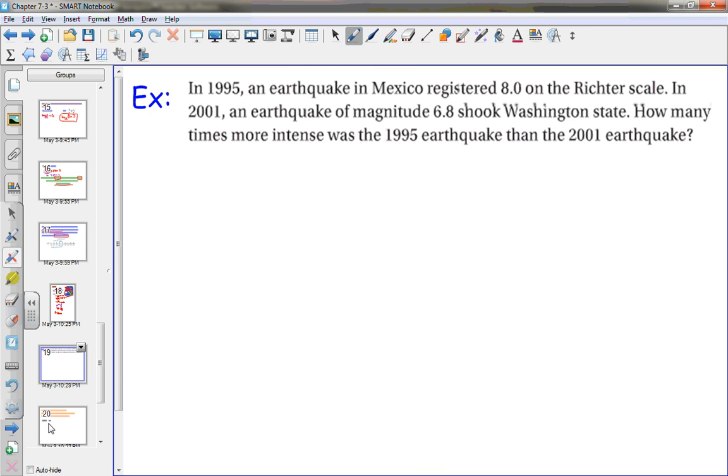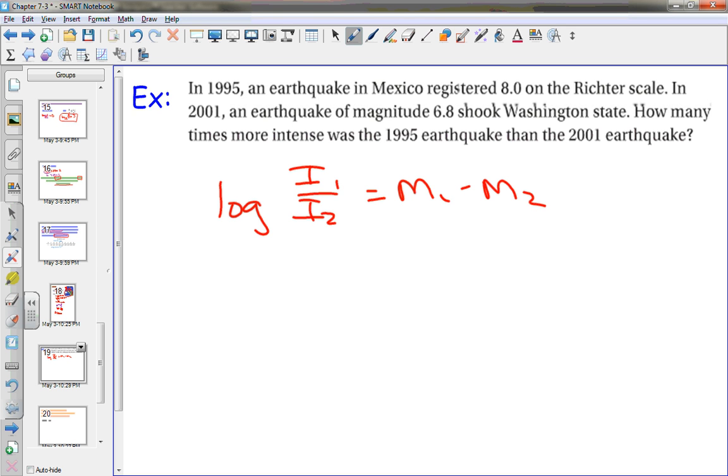Okay, let's go to this one. In 1995, an earthquake in Mexico registered 8 on the Richter scale. In 2001, an earthquake of magnitude 6.8 shook Washington State. How many times more intense was the 1995 earthquake than the 2001 earthquake? Well, what's the formula? It equals m1 minus m2.